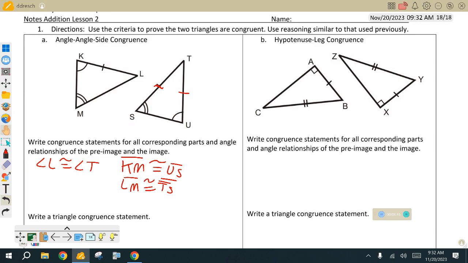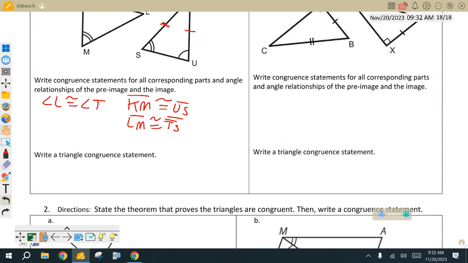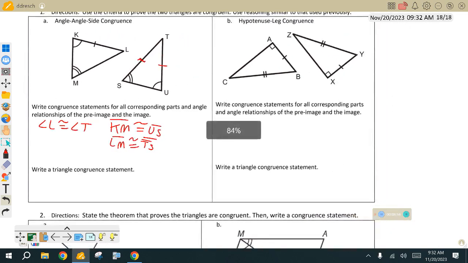Now, that triangle congruent statement is naming the two triangles. So naming that first triangle, somebody, how do you want to name it? KLM.